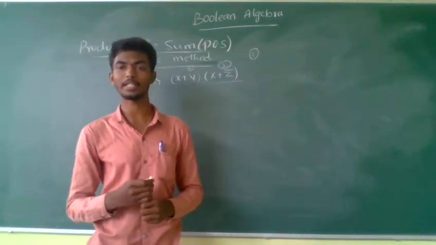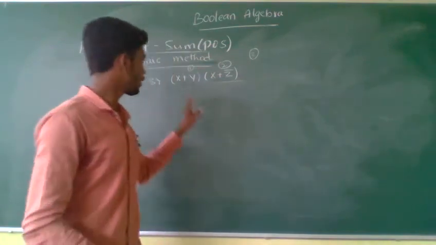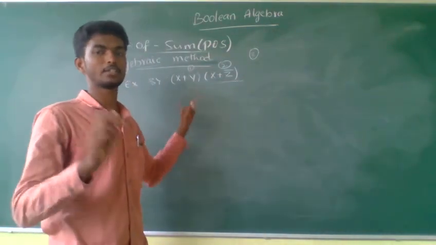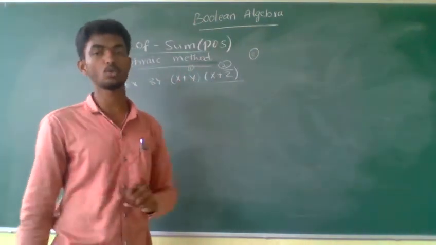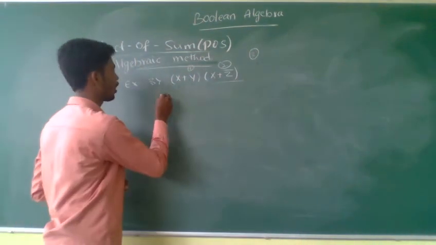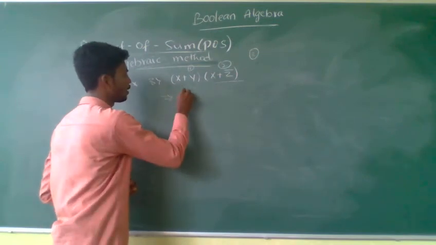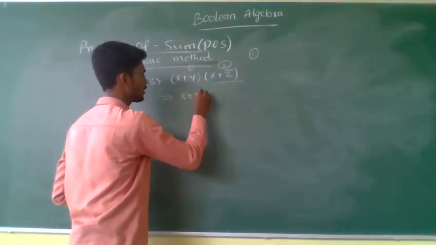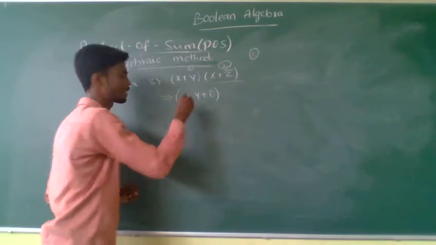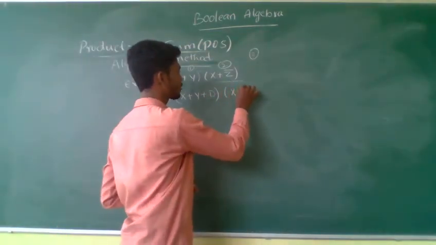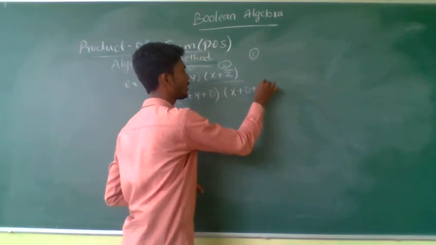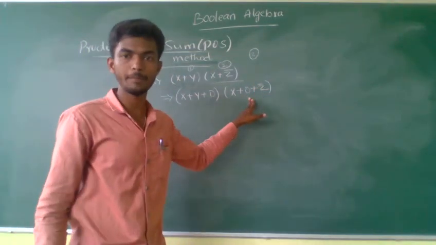For each missing literal, if one literal is missing, just add a 0; if two literals are missing, add two zeros. So I add 0 for z here, and for y, x + 0 + z'. This 0 is for y.